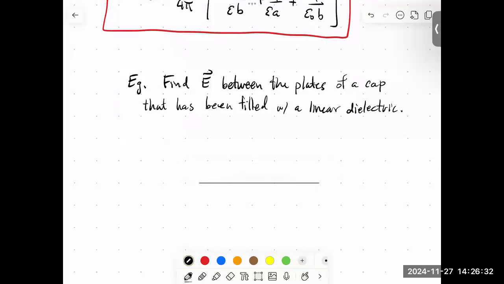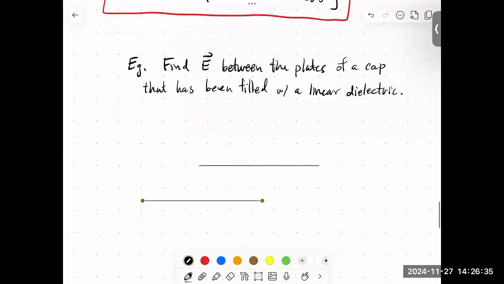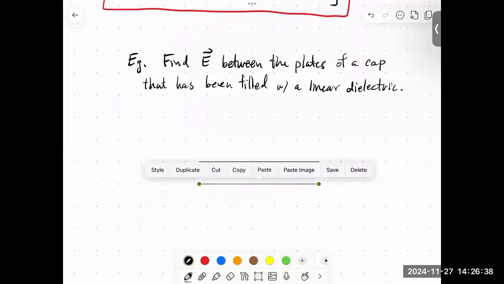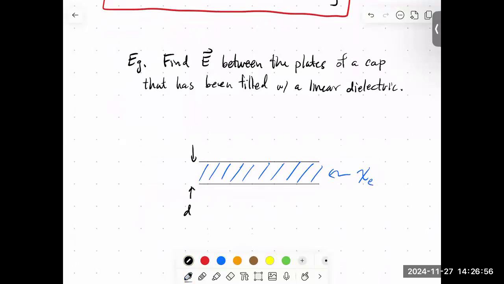And I'm going to fill it with a dielectric material, and we'll give this dielectric material some susceptibility chi e. We'll say that these plates are separated by some distance d, and then maybe they're connected to some battery so that they charge up. So we'll put some positive charge on the top plate and some negative charge on the bottom plate.